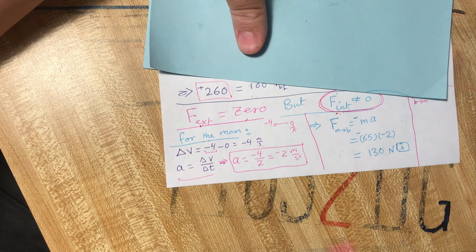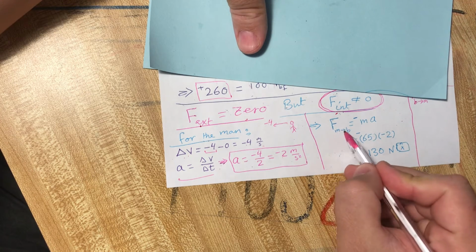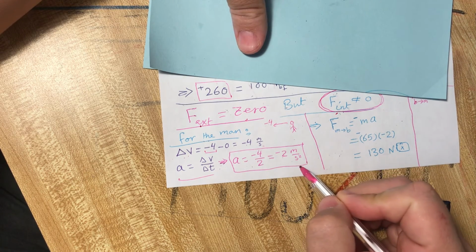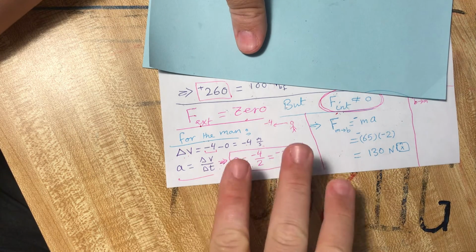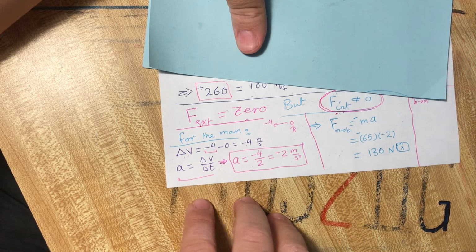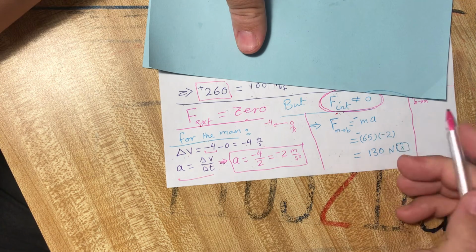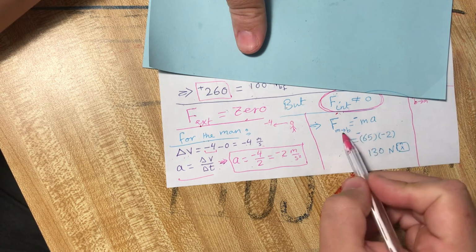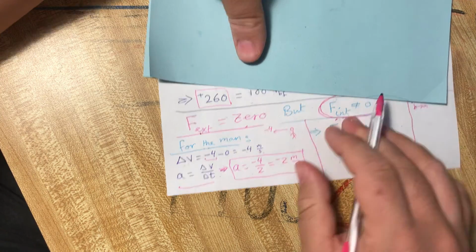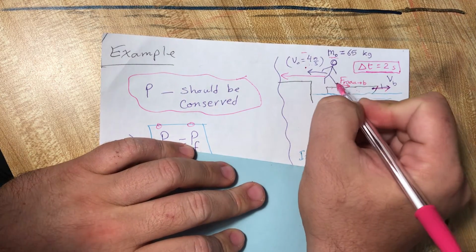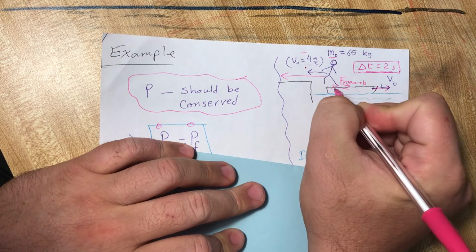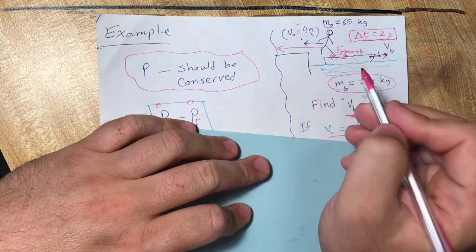Okay, how much is the force from the man on the boat? Due to Newton's third law, the force should be in the negative direction, because there is a force from man to boat and a force from boat to man.